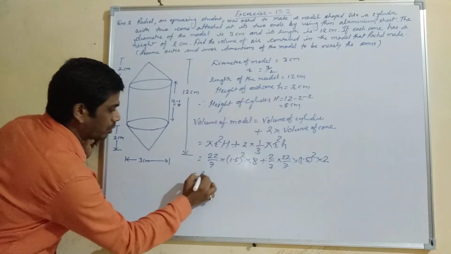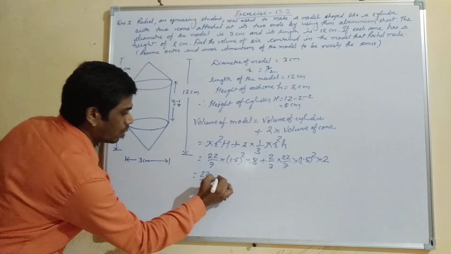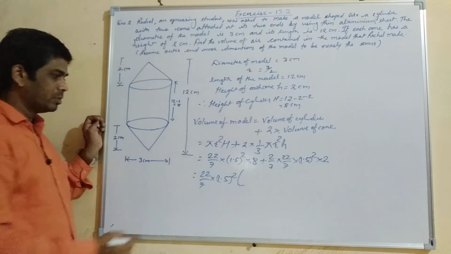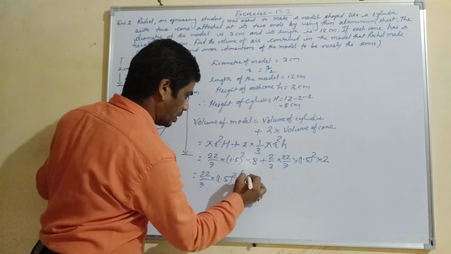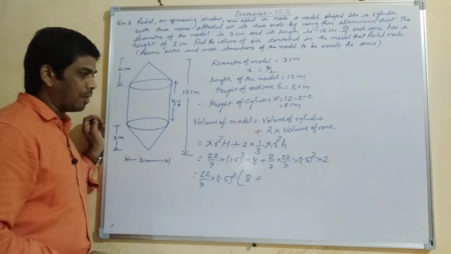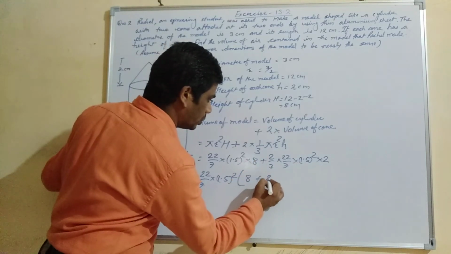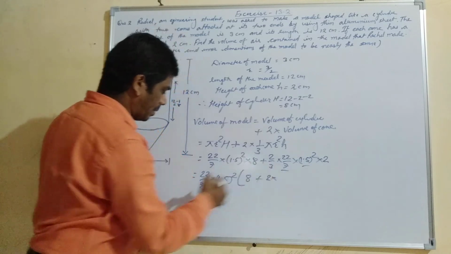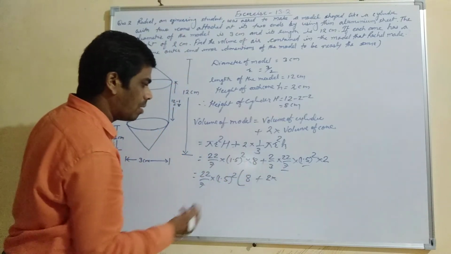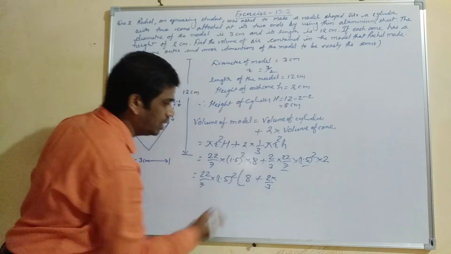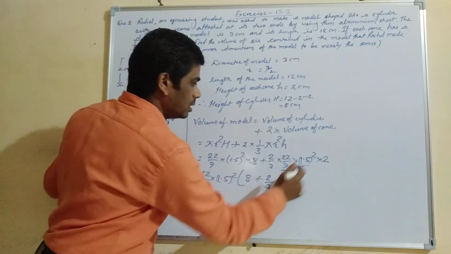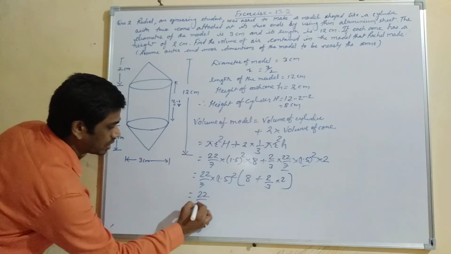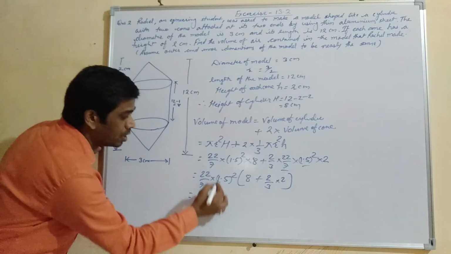We can take common 22 upon 7 into 1.5 square. So what is left now? 8. From this term we will get 8 plus, from this term we will get 2 into this, we take 2 common, 1 upon 3 also we can take common, or 2 by 3 will do. 2 by 3 and this will also be 2, which means 22 upon 7 into this will be 1.5 square.